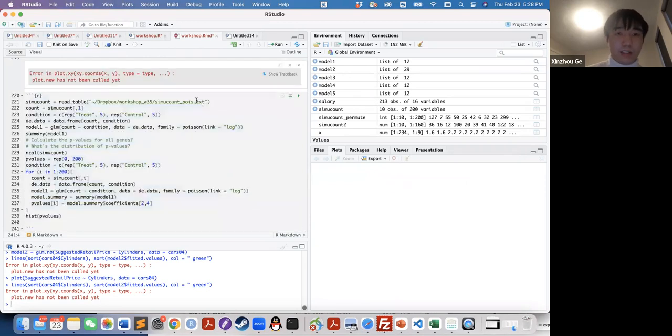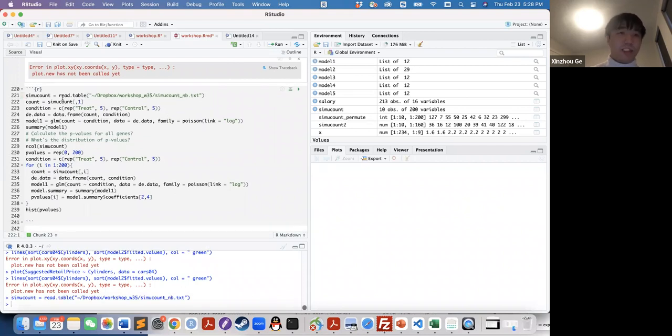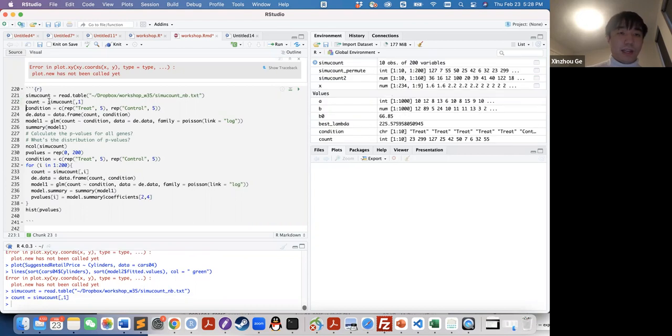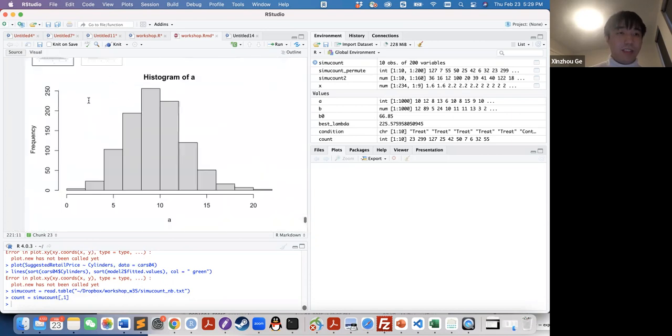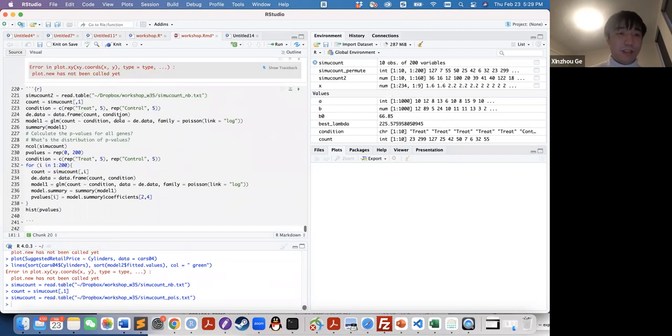Okay, so here the first thing that we changed is the name of the dataset from simulcount Poisson to simulcount NB. And then for the first gene, we can still create a vector for the read counts, and we may name it simulcount2, so that we have a separate matrix, which is different from the previous one.